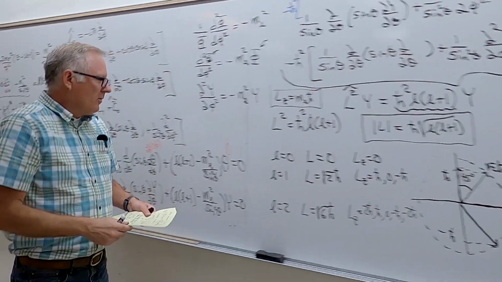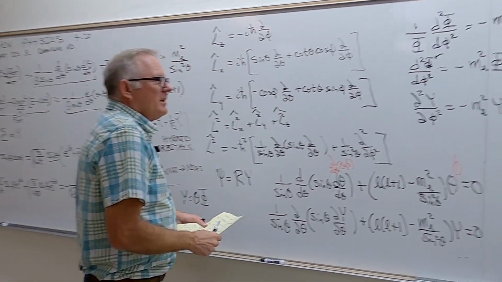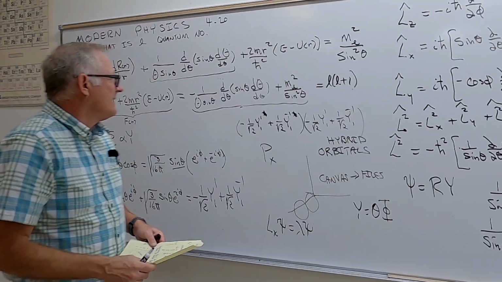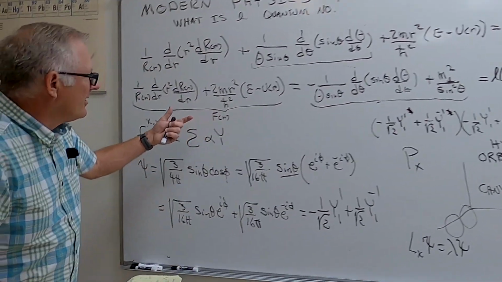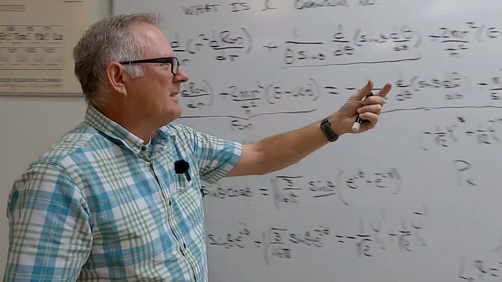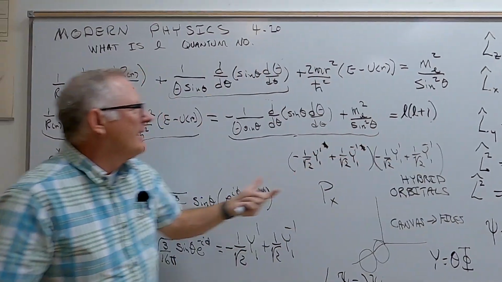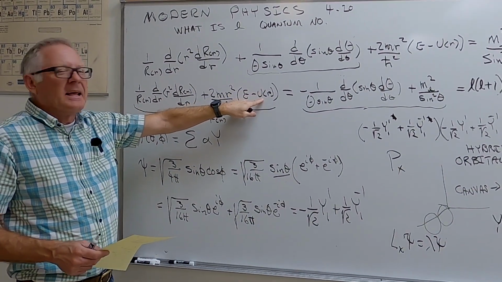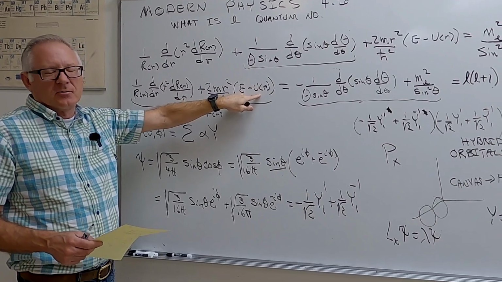Okay, so this is our angular part, thetas and phis, and the last thing we have to do is the radial part, which is this. We have to set it equal to that and solve for R. Then we can start putting in the potential for different things. We can put in the potential for the hydrogen atom.